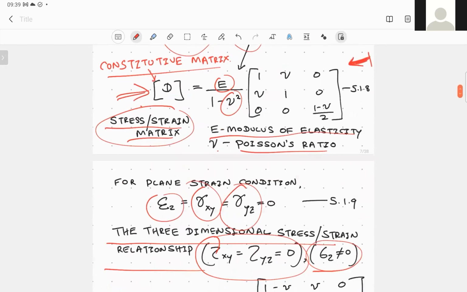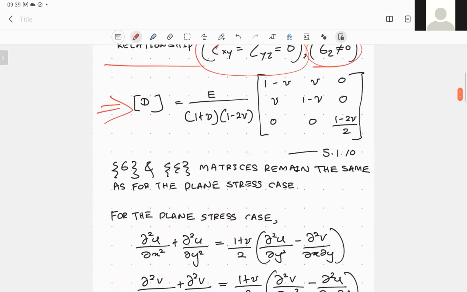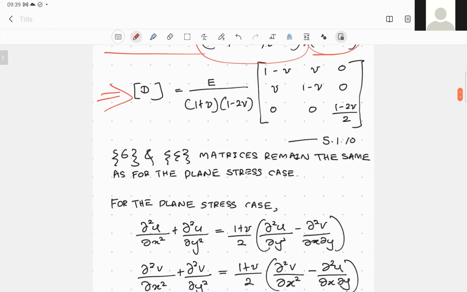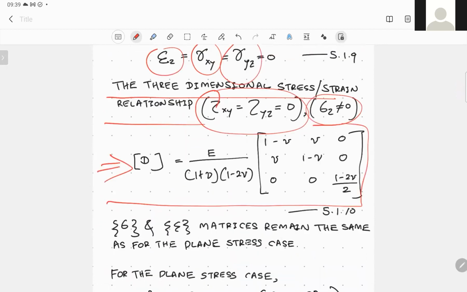So only a slight difference between these two terms, depending on the nature of the problem that we are going to tackle. So depending on whether we are tackling a plane stress problem or a plane strain problem, the D matrix will vary. The constitutive matrix will vary.